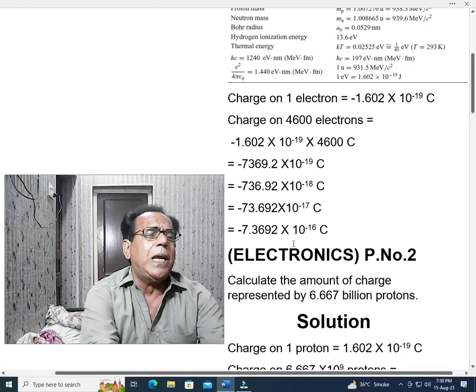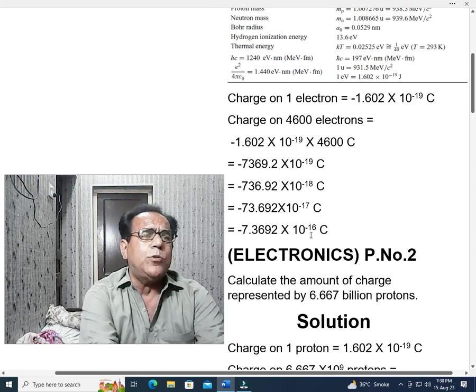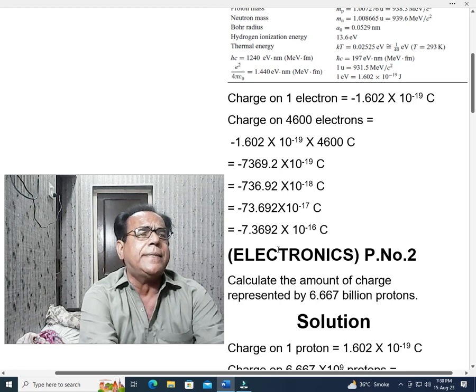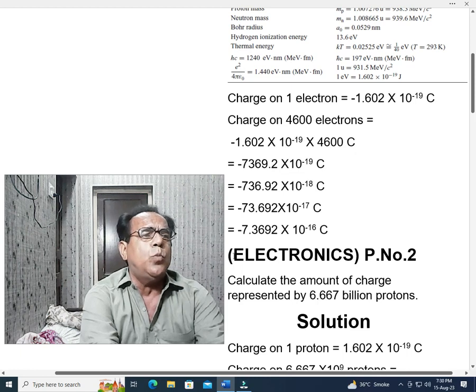In the next step we have repeated the same process and it has taken the shape 10 raised to the power minus 16 coulomb, and the decimal has been shifted one step more backward. Okay, so our answer becomes: charge on 4,600 electrons is equal to minus 7.3692 into 10 raised to the power minus 16 coulomb.